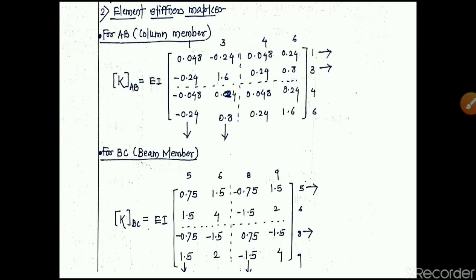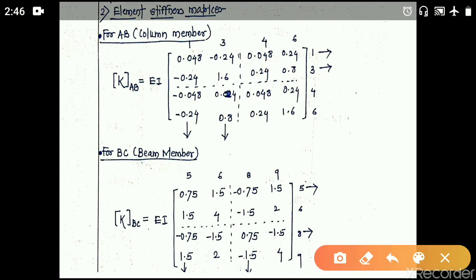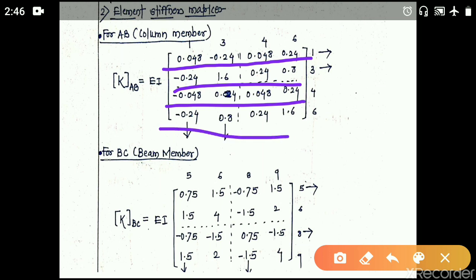See here in this column member, in the stiffness, the very first row and first column correspond to reaction, the second corresponds to moment, the third corresponds to reaction, and again this moment. So if you want to calculate the moment, you have the equation F equals K delta plus Q. Here you calculate the moments of member AB only.